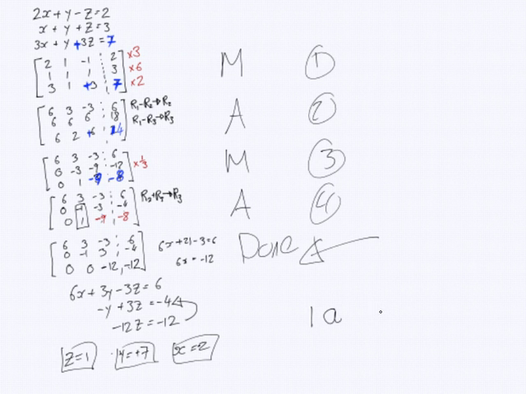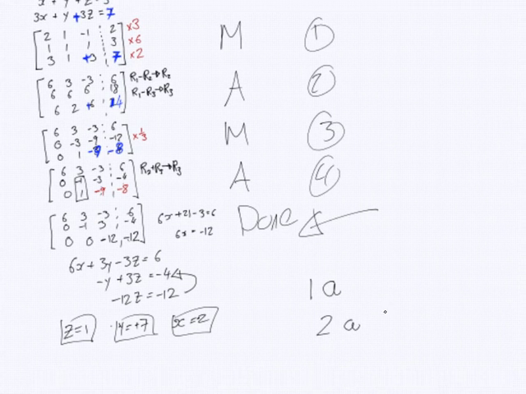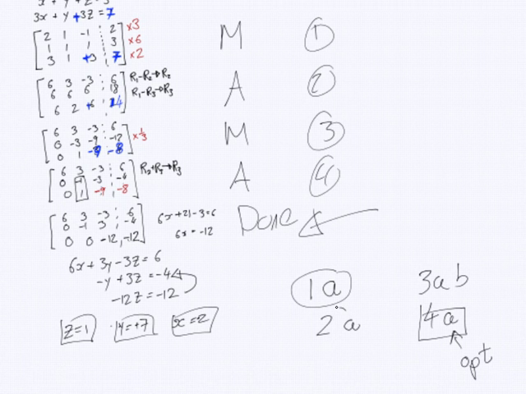So now you have 2 homeworks, one from the previous and one from the current. 1A, 2A, and then we'll have 3A and B, and then 4A, and 4A is optional. You don't have to do it. I'd like you to do it, but you don't have to.